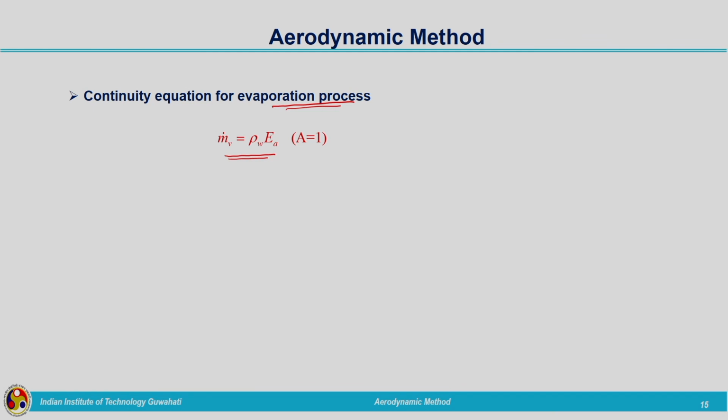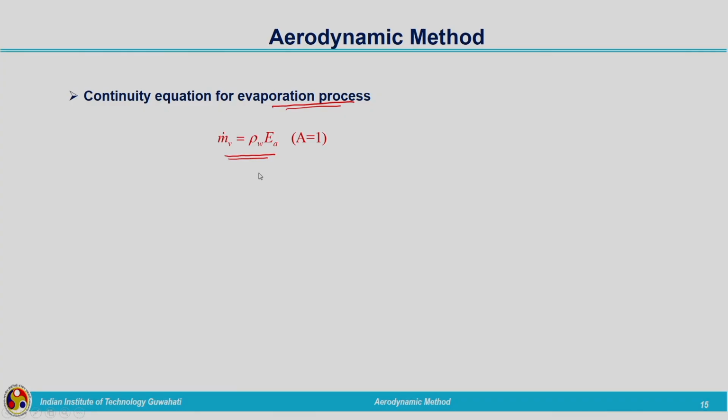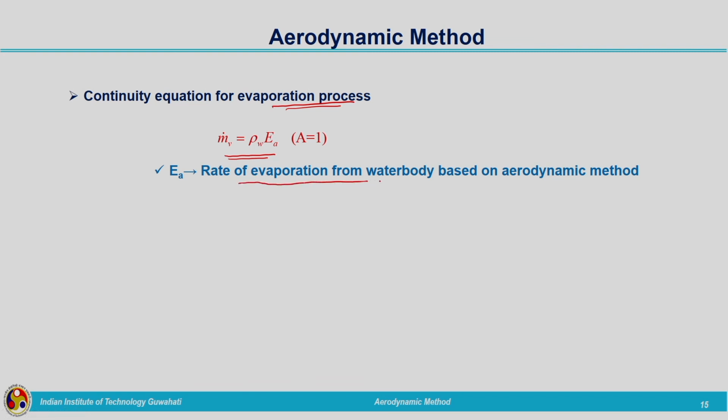Why do we want to make use of this continuity equation here? Because our aim is to find out the evaporation rate that is contained in the mass conservation equation. So, mv dot is given by rho w EA, and EA is the rate of evaporation from water body based on the aerodynamic method, and that we will be substituting here.